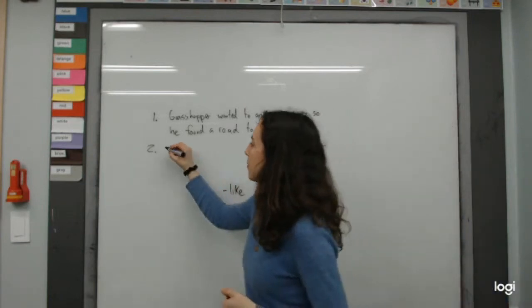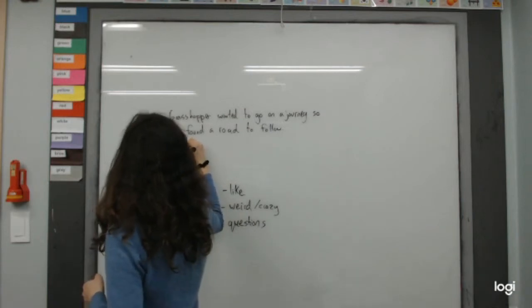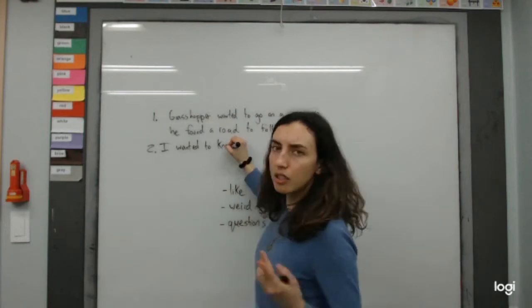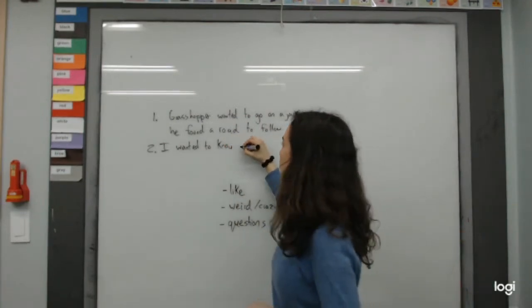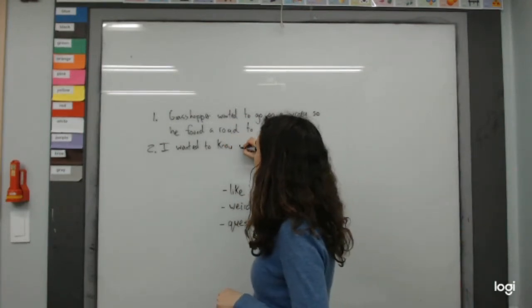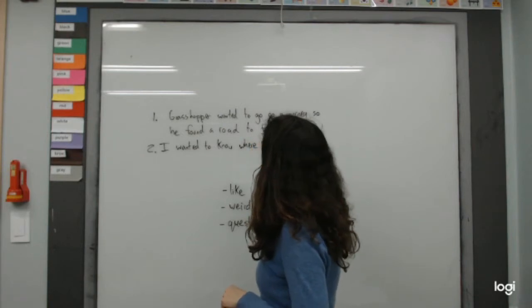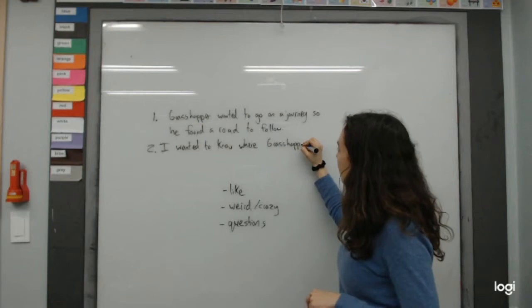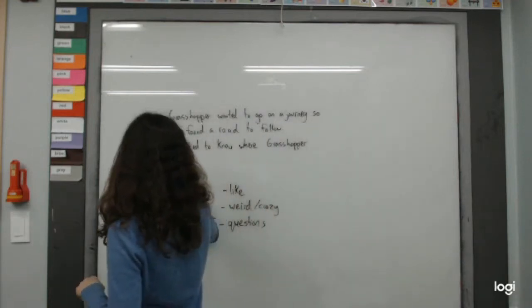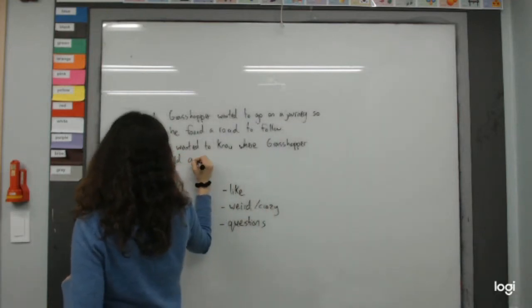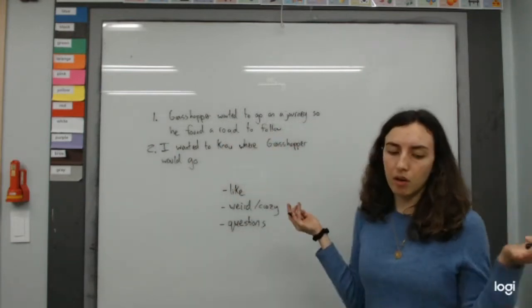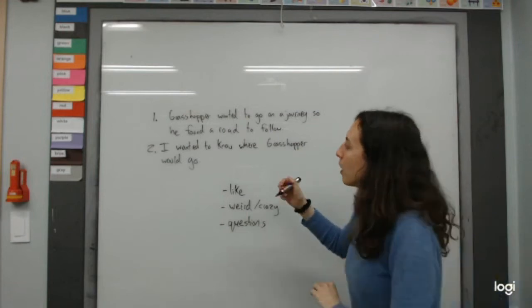So for me, my question is, where will Grasshopper go? I wanted to know where Grasshopper would go. I wanted to read the story because I wanted to know where Grasshopper would go.